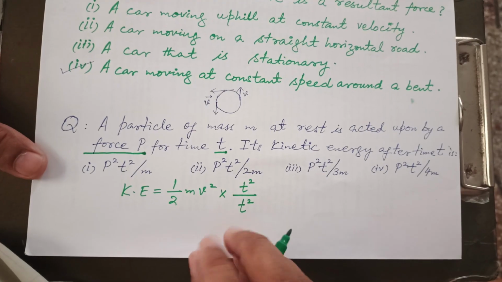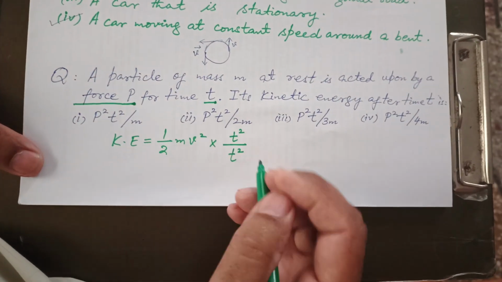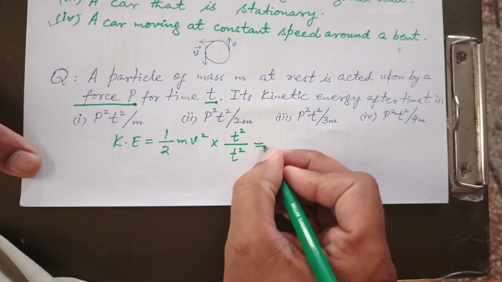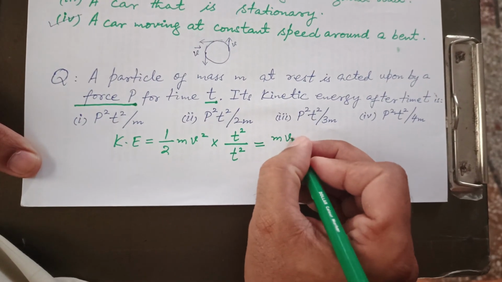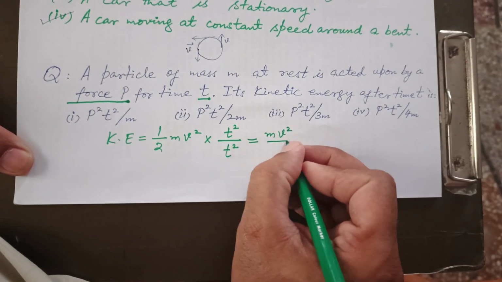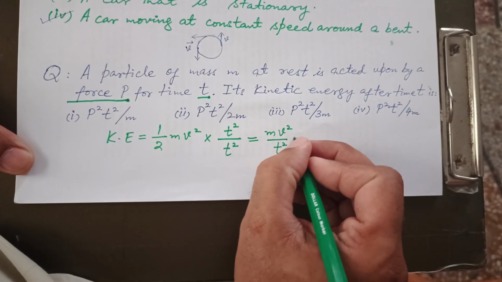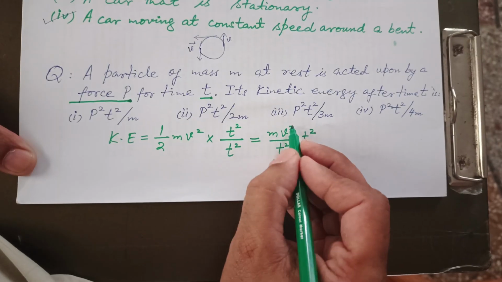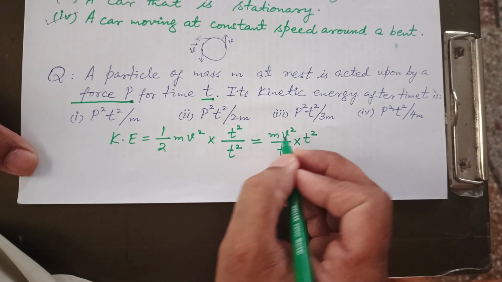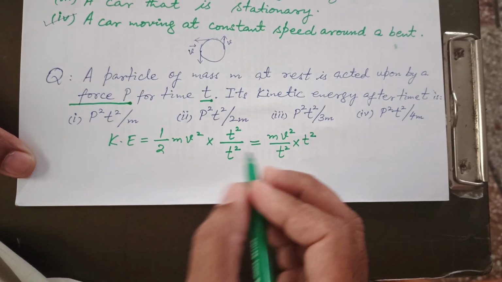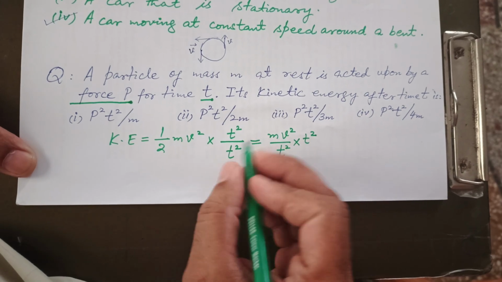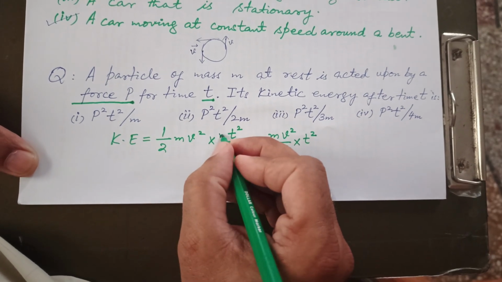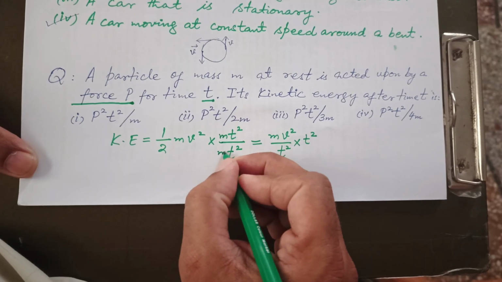So first of all, check what happened here. This will become m v² over t² into t². Now you can see that the above term gives acceleration, but one m is missing. So as I told you, we have to multiply and divide by m also.